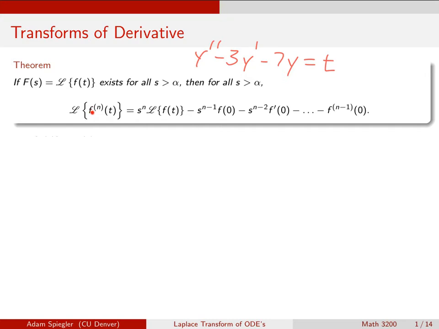In fact, all I need to know in order to calculate this Laplace transform is the Laplace transform of the original function itself. If I know what that is, this gives me a formula that I can use to express the Laplace transform of any order derivative that we can think of.